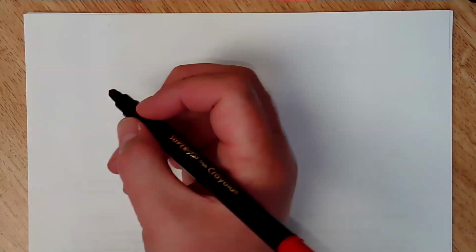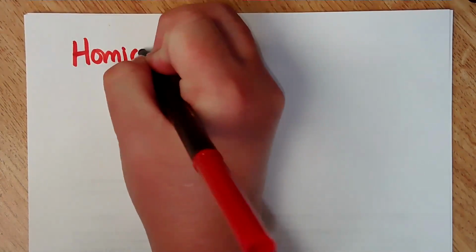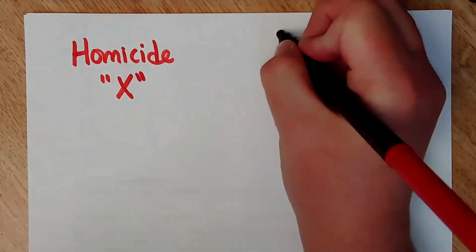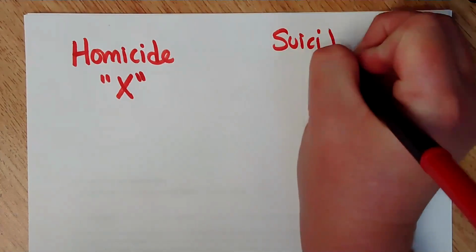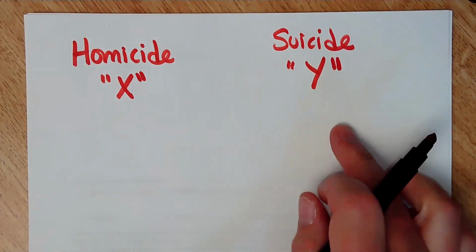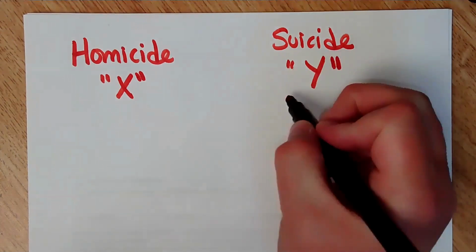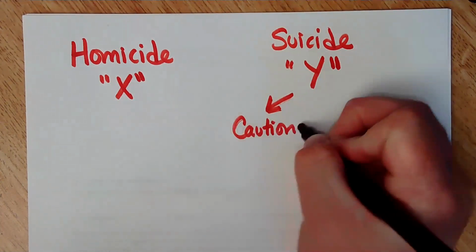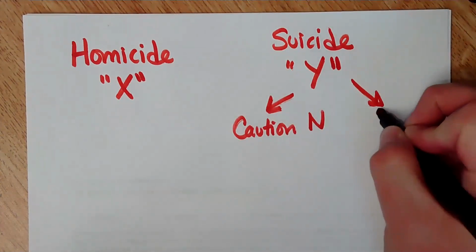Okay, so now my plan is to break Y up into categories and then pair it with its matching X value. So my homicide rate is my X variable, and my suicide rate is my Y variable. And then what I'm going to do is further break this Y down so that it's broken by category, either caution no or caution yes.